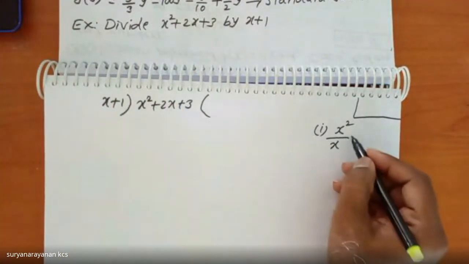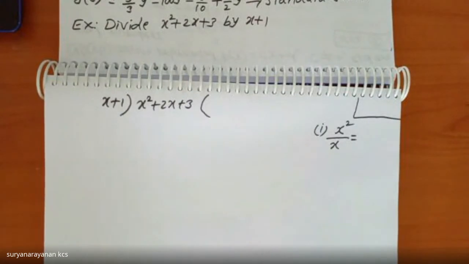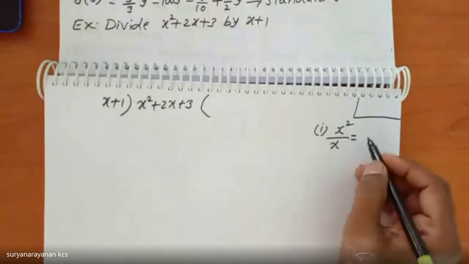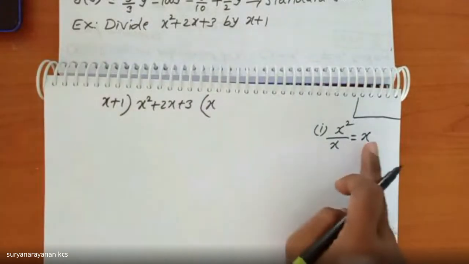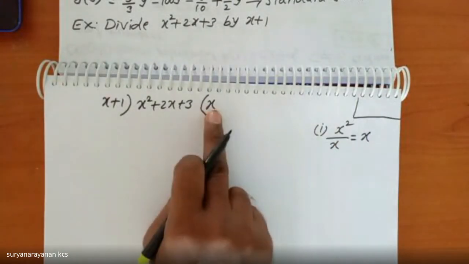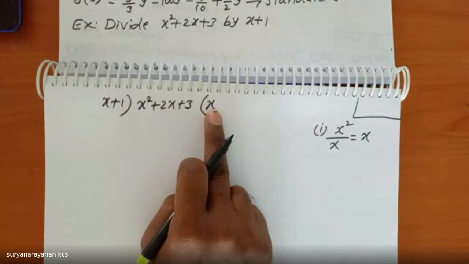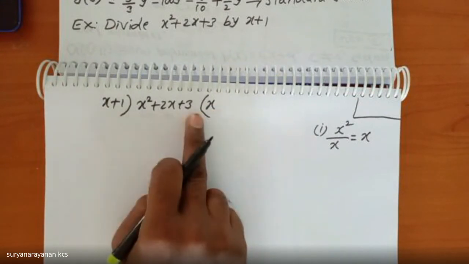Okay. Then tell me, x square by x, what will you get here? So x. Very good. X. You should write this one in the quotient part. Whatever you got here as a result, write it in the quotient part. Then, how to write here?